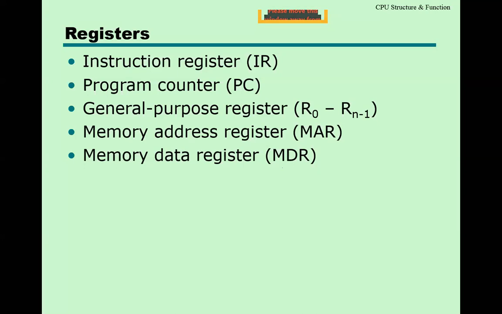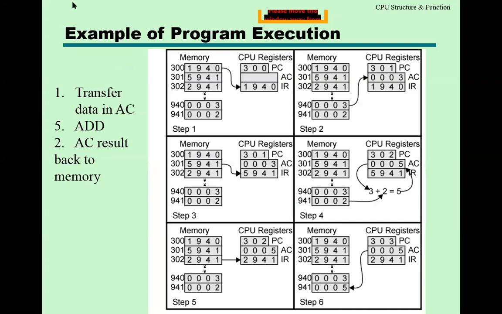General purpose registers are there for arithmetic logical operations on the ALU. Again, the memory address register holds the address of the instruction or data, and the memory data register holds the data. So tomorrow we will discuss the same thing we discussed today with an example, how the instruction fetching and execution actually happen.